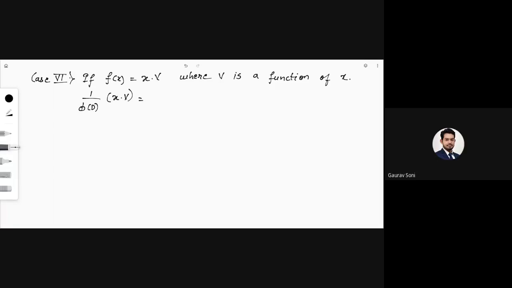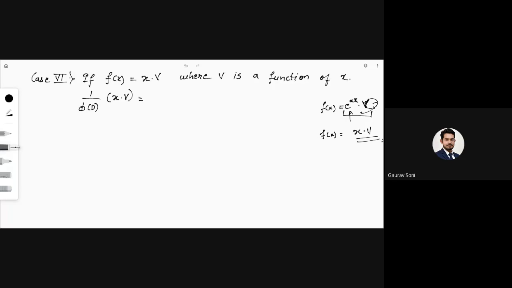And if you see here, in the previous rule, f of x was e to the power ax into some function v. Okay, rule number 5 was for this. There was e to the power ax into some function, whereas now f of x is again the product of two functions, but now it is x into some v.